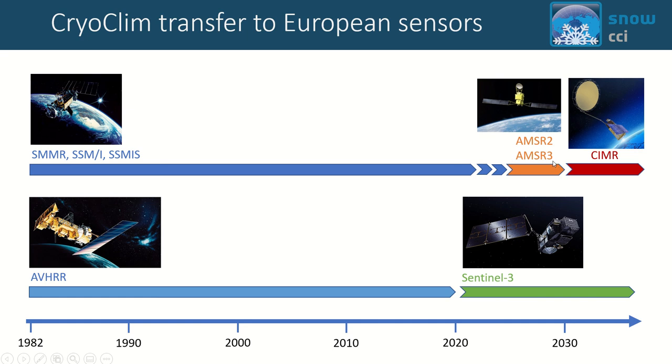And we will also use this to facilitate experiments preparing for the SMR algorithms. For optical, we would like to transfer to Sentinel-3. So this is readily available. And hopefully this will be an activity coming after this fractional snow cover development.